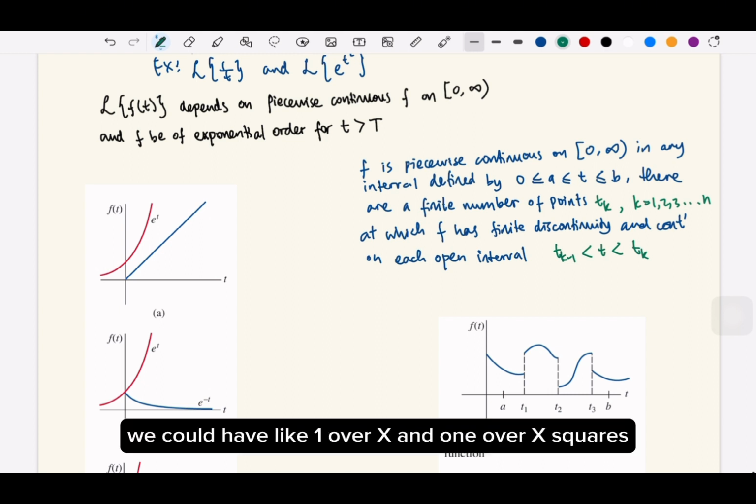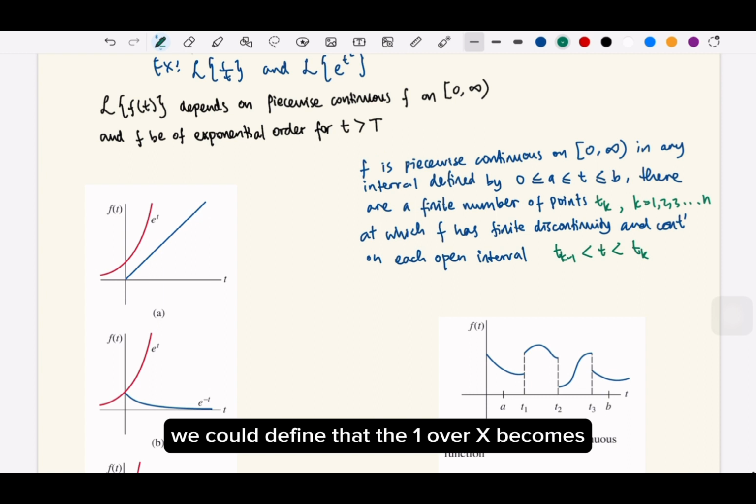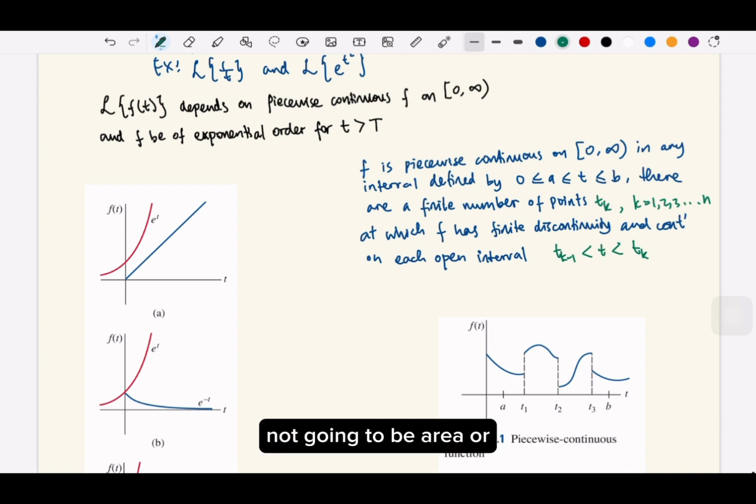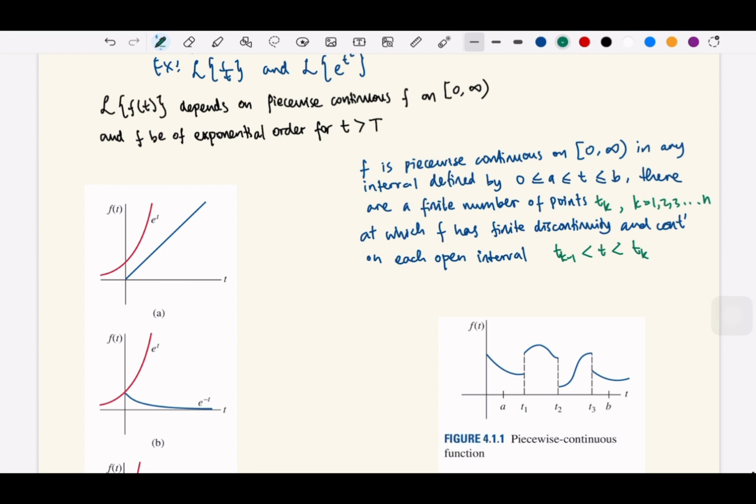For example, we could have 1 over x and 1 over x squared. We could define that the 1 over x does not have an area, it is divergent, and this one will be convergent.